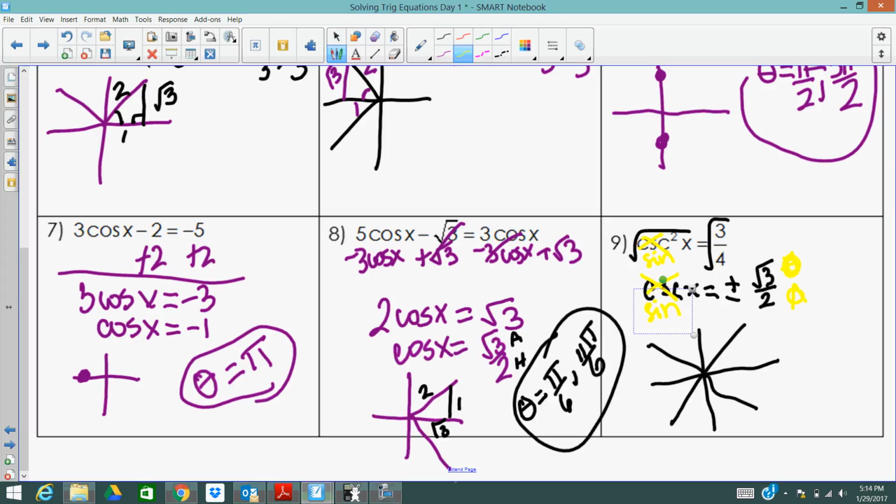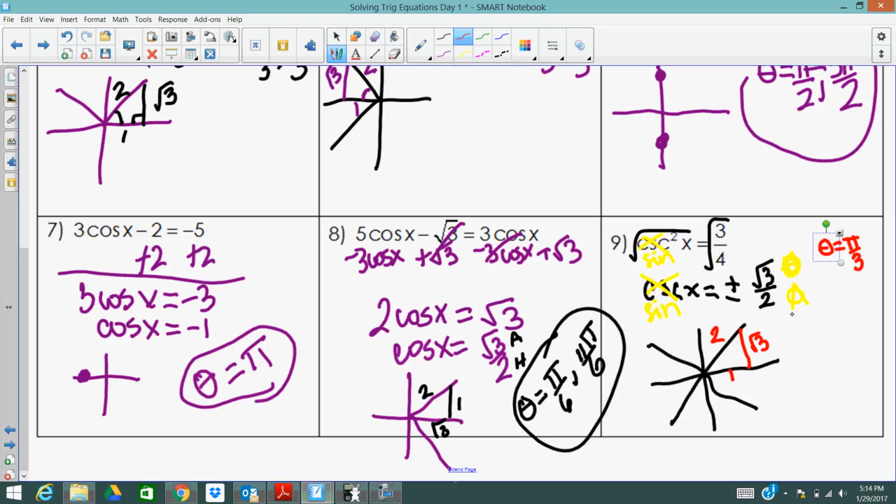That's opposite. That's adjacent. Let me pick a better color. So opposite is square root of 3, and hypotenuse is 2, which means our adjacent is 1. So again, this is our 30, 60, 90 right triangle, with our reference angle being 60 degrees, pi over 3.